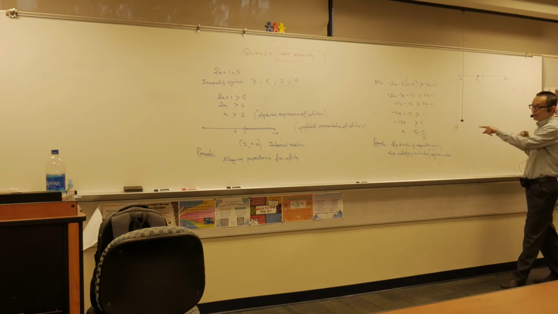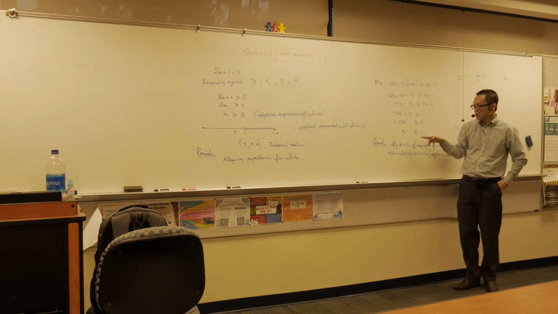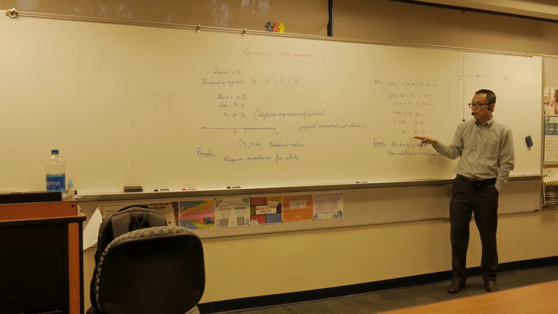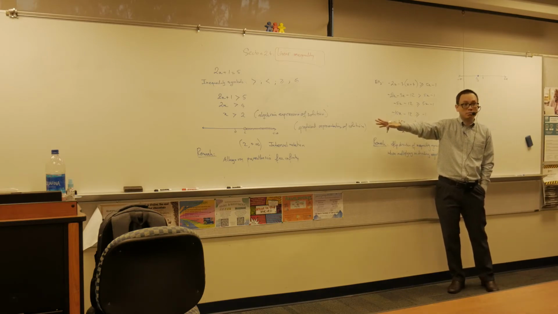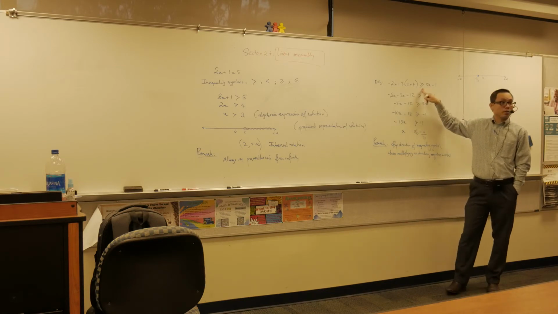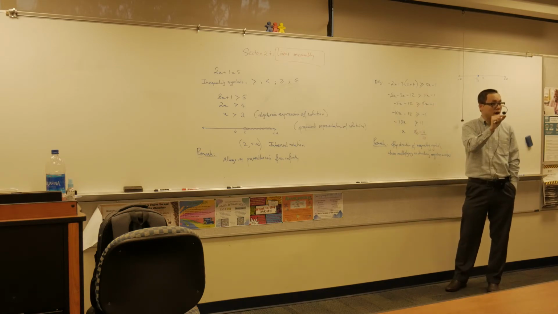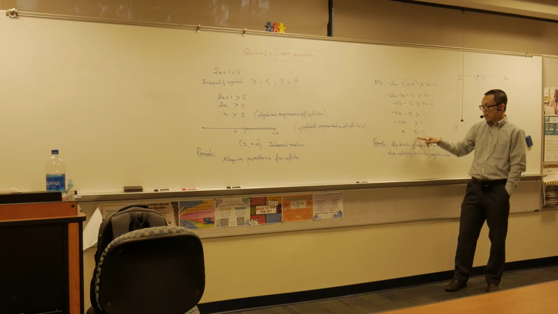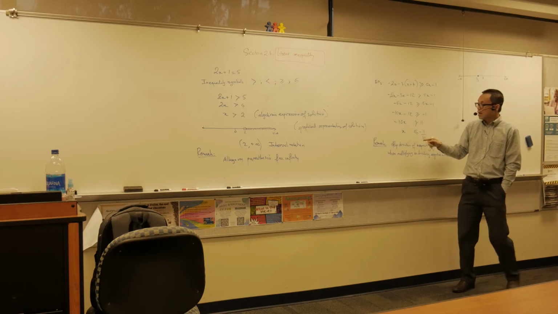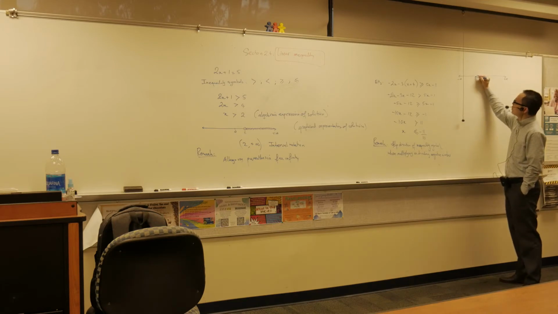The direction of the inequality sign is now pointing toward the left-hand side. Originally, it was pointing toward the right-hand side. But when you graph, you always look at the direction of the final answer. So it's pointing to the left, so you shade everything to the left.